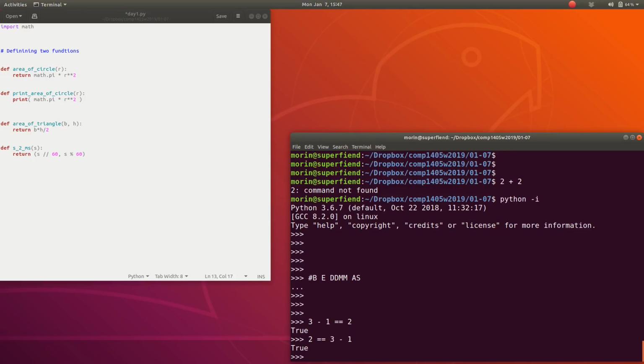So that also does the thing that we would expect. That suggests to me that when it's deciding what it should do first, the subtraction or the equality test, it's not just doing this left to right. Because in the first case, if it did it left to right, it would say 3 minus 1, that's 2. Is that equal to 2? Yes, it is. In the second case, if it was doing it left to right, it would say, is 2 equal to 3?